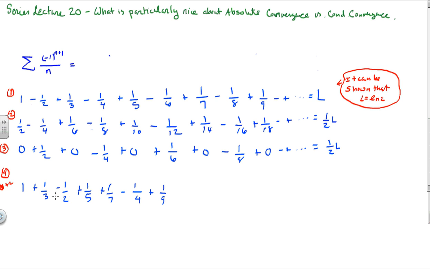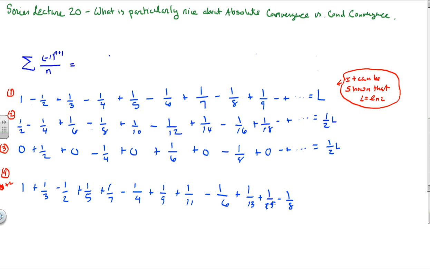So we get our negative 1/2 here, and we get our negative 1/4 here, and we're going to get 1/9 plus 1/11 minus 1/6, the next even here, right? Now we're going to have 1/13 plus 1/15 minus 1/8, the next even here, and so on down the road.